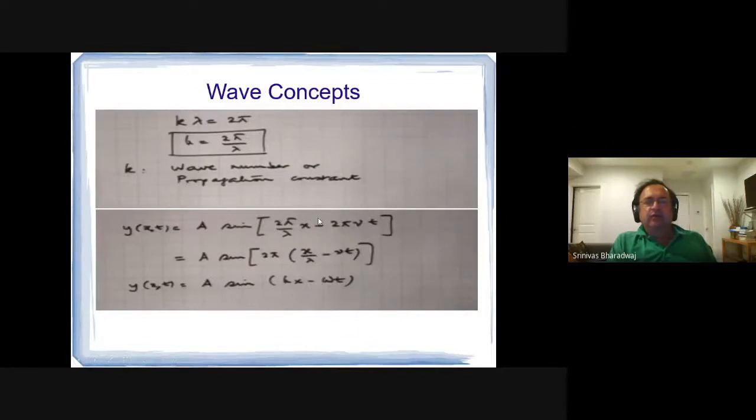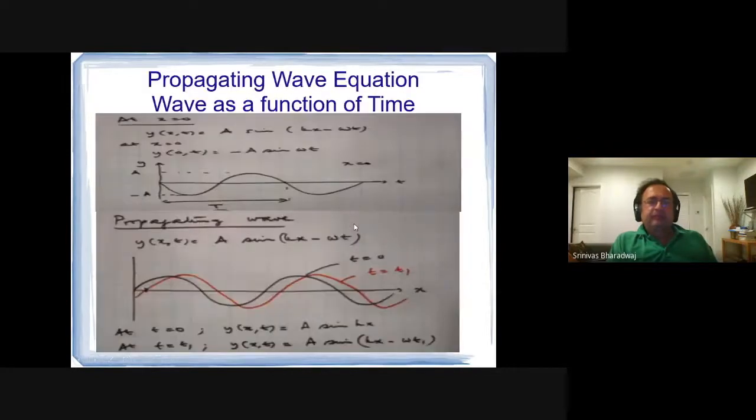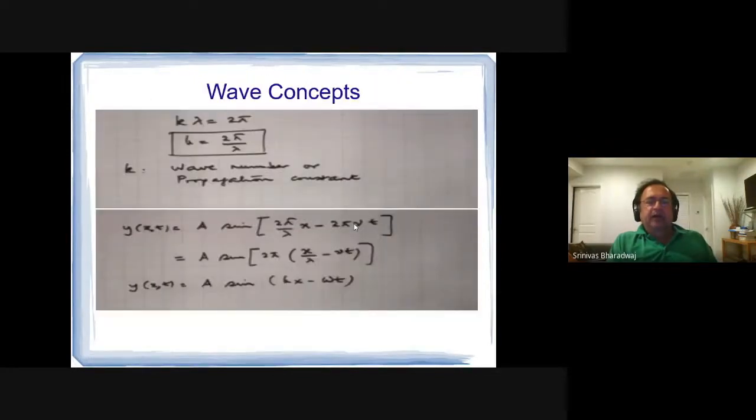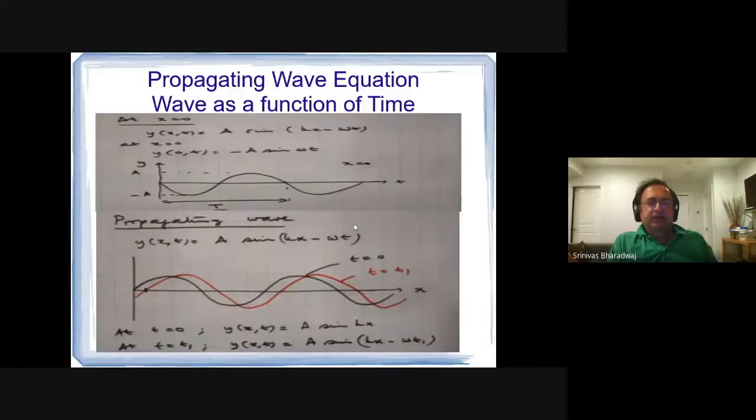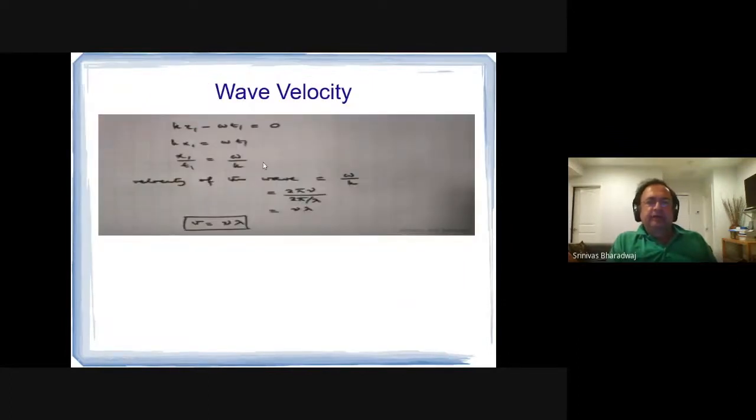Then we had also the omega, and we said the speed is omega by k.